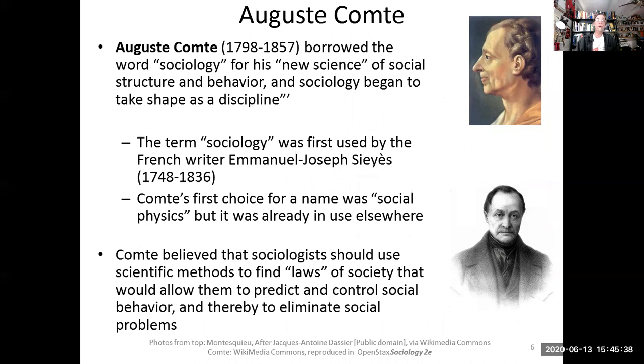Comte wanted to use the term social physics, but someone else had already claimed that and had put it into print. So he appropriated sociology. I don't know that he knew that the Abbot Sieyès had already applied it to something. But anyway, that is history now.